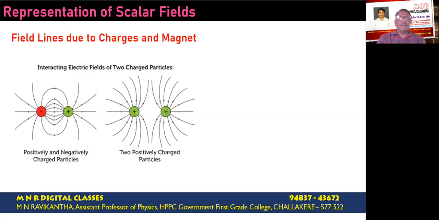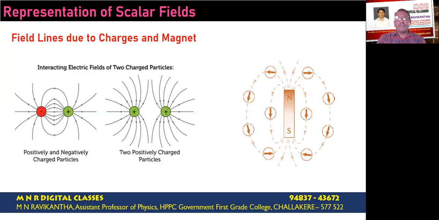The first figure represents the attractive force. The second gives the idea of a repulsive force. So even though we don't know what type of charges they are, we can easily conclude that they are like charges here, and in the first case they are unlike charges, just by seeing the field lines. First, the strength of the field. Second, the nature of the charges, not exactly, but the property of the charges, we can come to know just by studying the field lines.